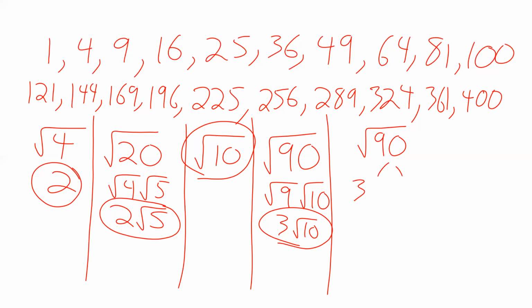That's a good place to start. All right, 30 we can break down further. 15 and 2. 15 breaks down into what values? 5 and 3.